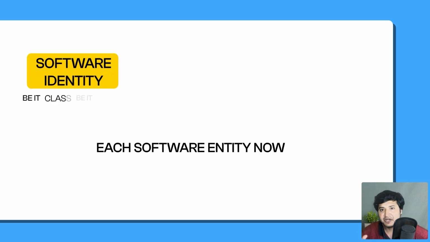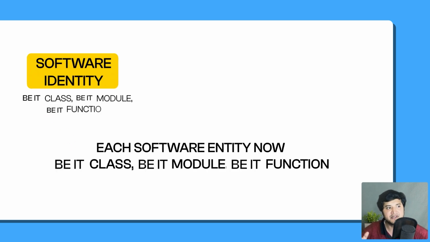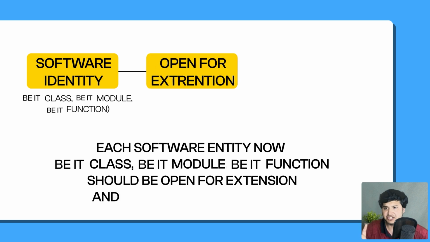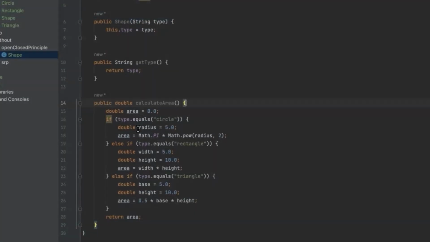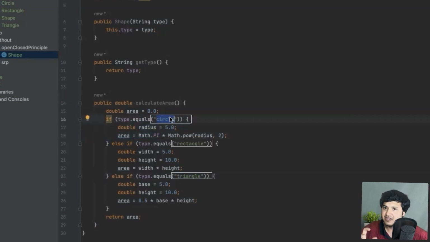So I hope the problem is clear to everyone. Now let's move to the solution. The principle says that each software entity, be it class, be it module, be it function, should be open for extension and closed for modification. Each and every shape, be it square, rectangle, triangle or circle, has a common method, calculate area, and each of them has a different way of calculating the area.